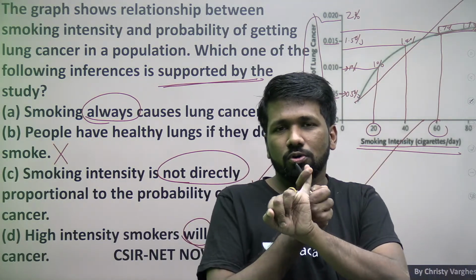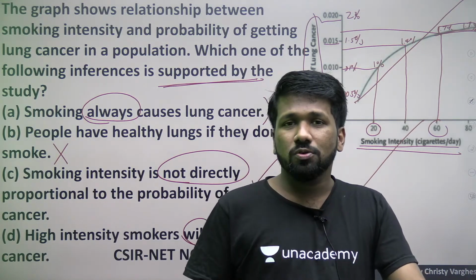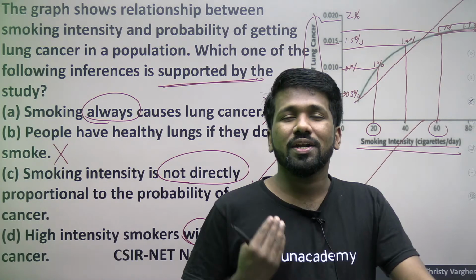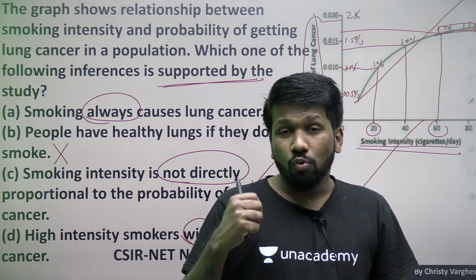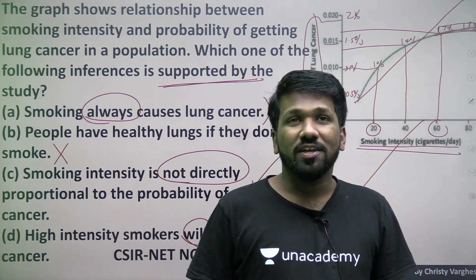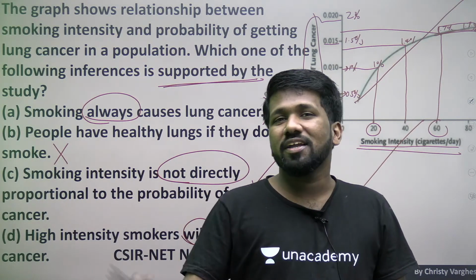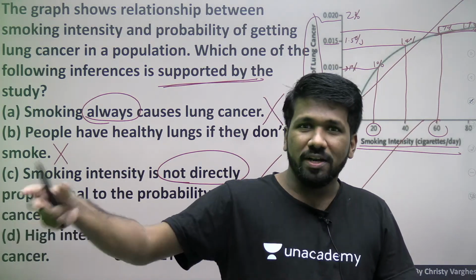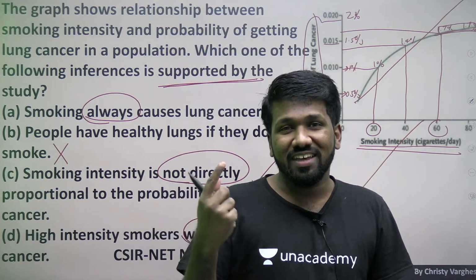To either go to research or for lectureship. These two fields needs your interpretation skills, data interpretation skills. How well you are interpreting a data correctly, and whether you are biased by your opinions while interpreting the data, whether you are actually interpreting the data or whether you are interpreting your thoughts only, that is actually tested.